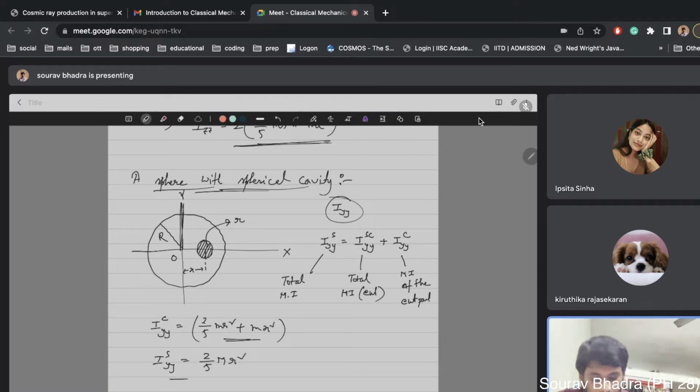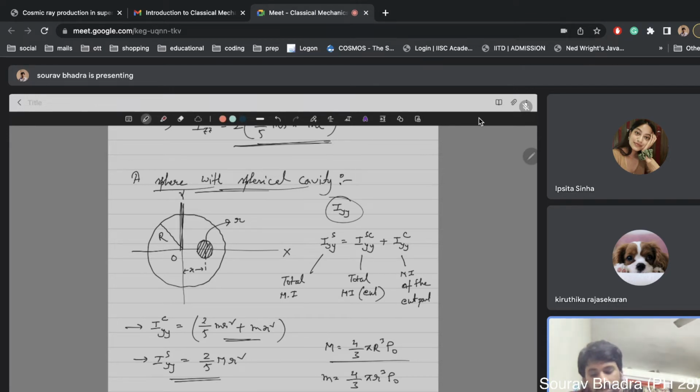Here capital M is actually 4/3 pi R cube rho 0, and small m, which is the mass of the cut part, is 4/3 pi r cube rho 0. So this is the difference between capital M and small m. Now you can substitute your ISYY and ICYY.